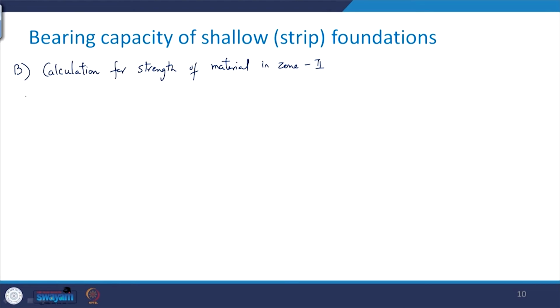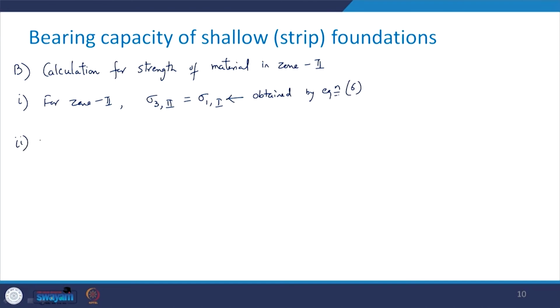Now again we will say that we will have the strength of the rock material and strength of the discontinuities. So in case of zone 2, sigma 3 of zone 2 is going to be equal to sigma 1 of zone 1 as per Bell's approach, and this one we have obtained already by equation number 6. So this is known to us now.